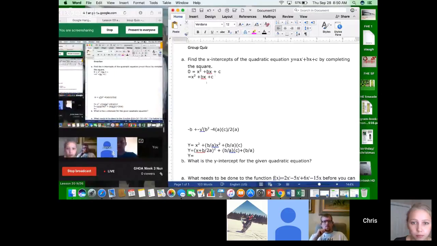Okay, I guess. So with completing the square, it's half of b squared. You add it and you subtract it, so it doesn't affect the other side. Can you explain that again? So with the x squared plus bx plus c, you take half of b and you square it.